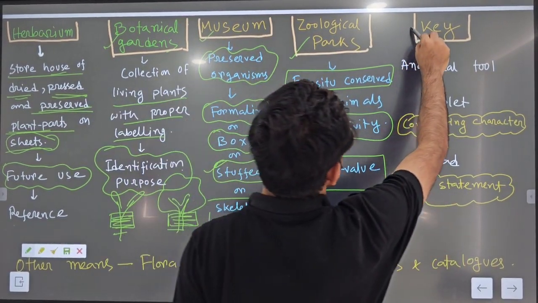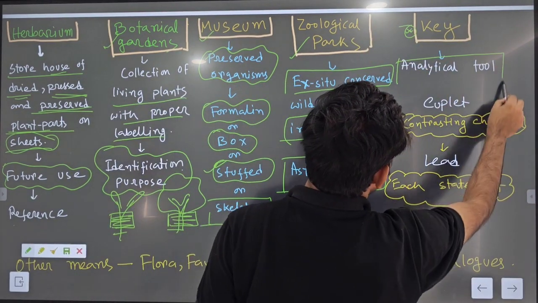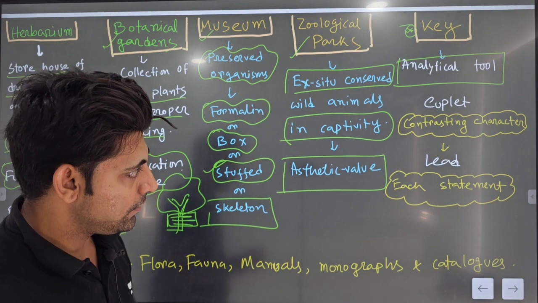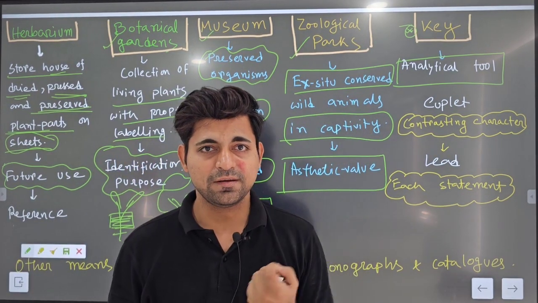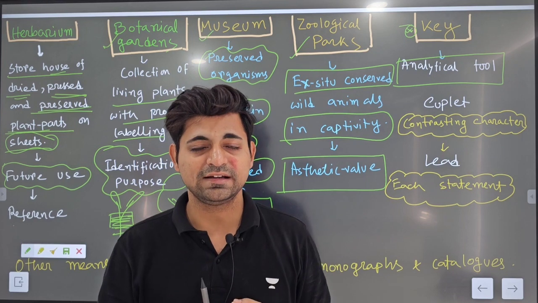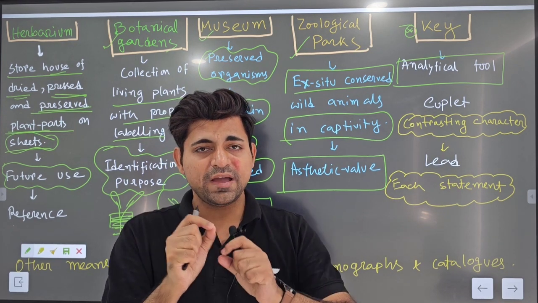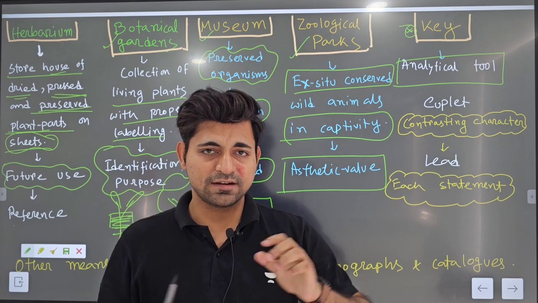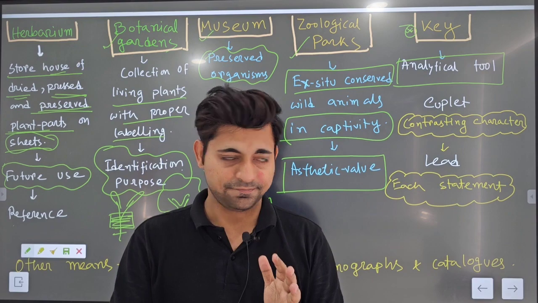And lastly, an important thing: the key, an analytical tool. A key is a software or even a manual analytical tool. Basically with the key we compare different organisms, and see what percentage of similarities are there.